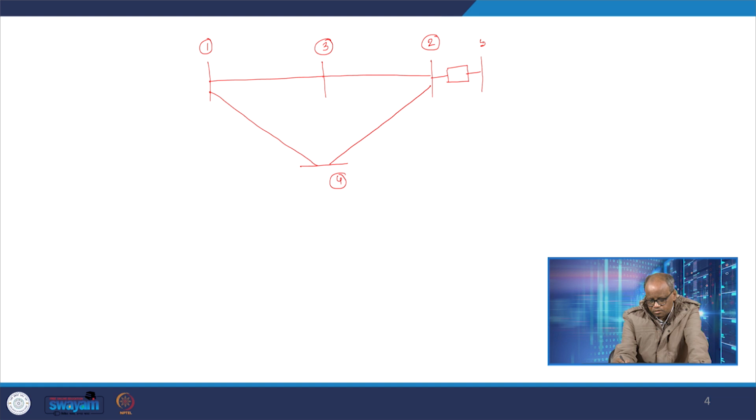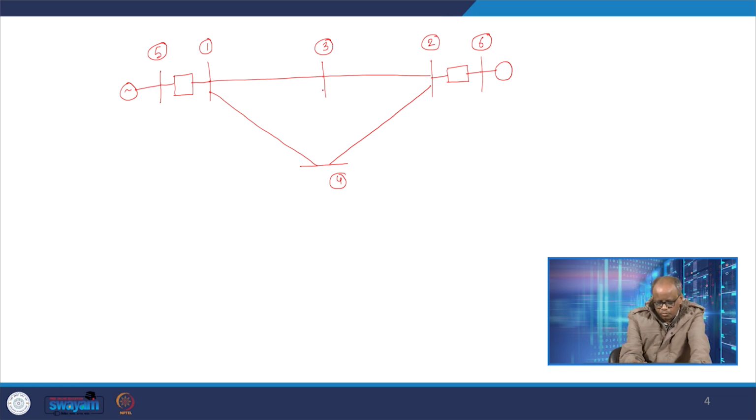So I call it bus 5, and here this is the generator. Let us say that this is bus 5, and this has got generator internal impedance, and this is bus 6, and now I have got a generator here. So now what happens?